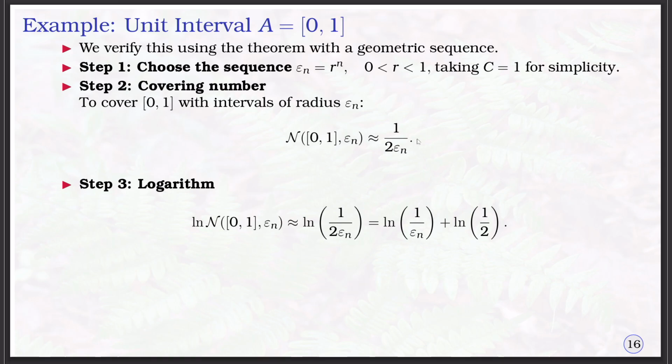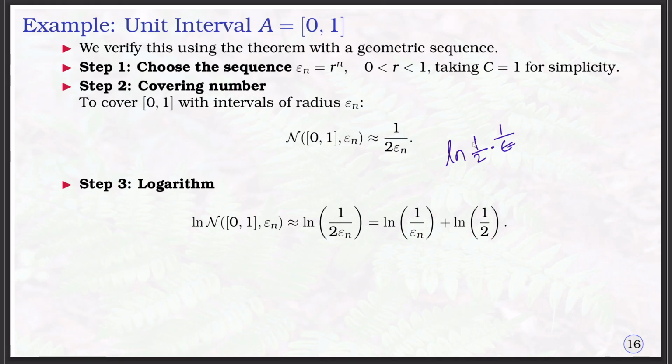Now, take the logarithm of both sides. So log of N of [0, 1] at epsilon n can be written as log of (1 by 2 times 1 by epsilon n).